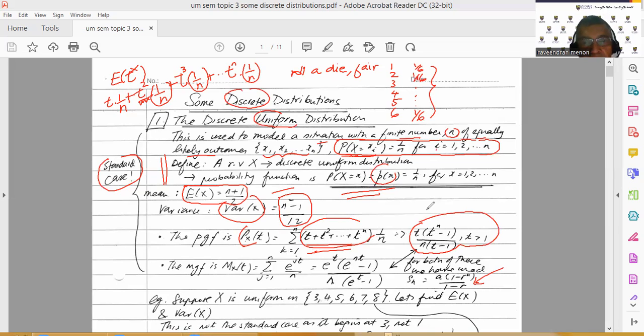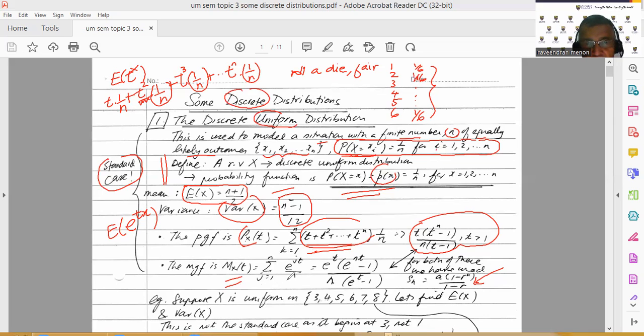Great. Then we have got the MGF, the moment generating function. I will talk about this soon enough. The moment generating function is the expected value of e to the power of tx, yeah? So we have a summation again. It's an expectation, j going from 1 to n.